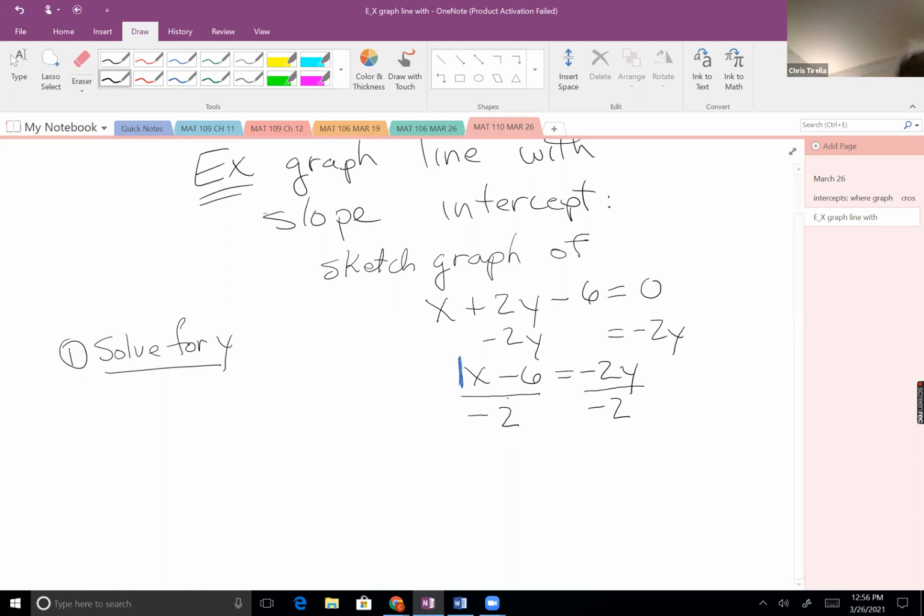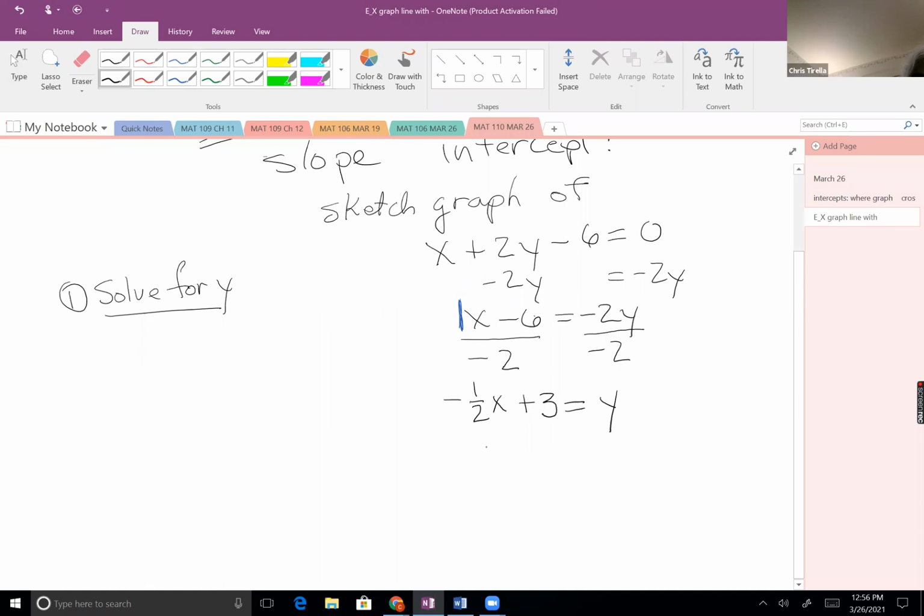And so when I simplify what's on the left, I can think of that as 1 over negative 2, or negative 1/2 x. Negative 6 divided by negative 2 is positive 3. And on the right, I've got y. Or y equals negative 1/2 x plus 3.